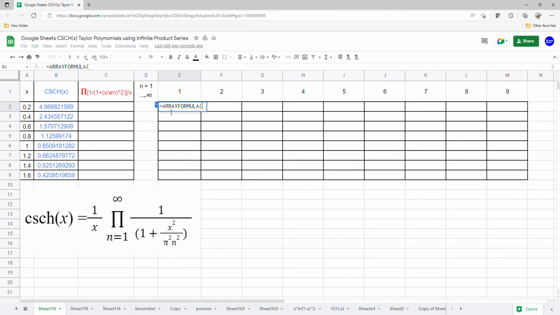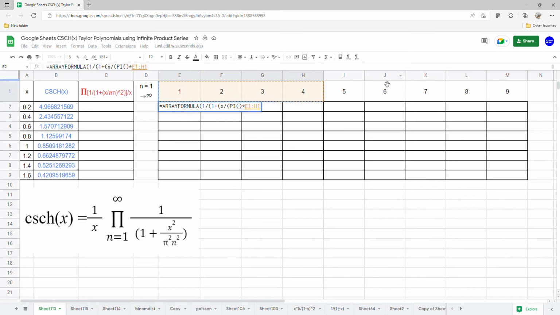That is 1 over the quantity 1 plus, and this will be x over pi squared n squared. So the quantity x divided by the quantity pi times n.